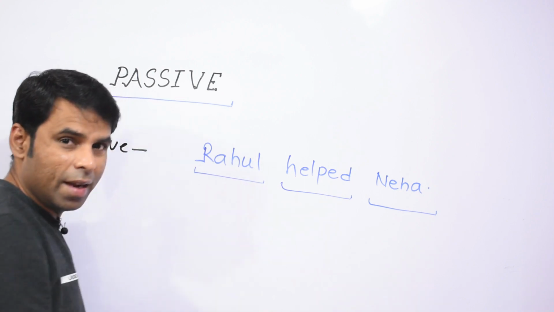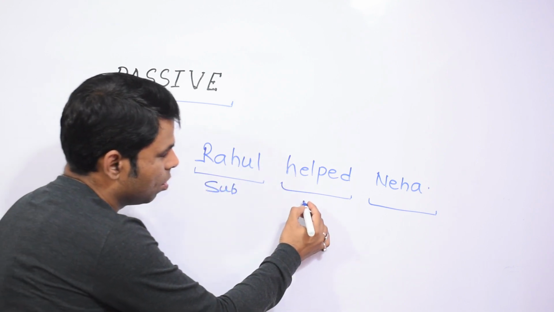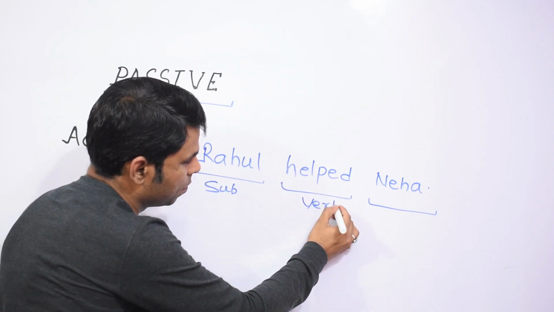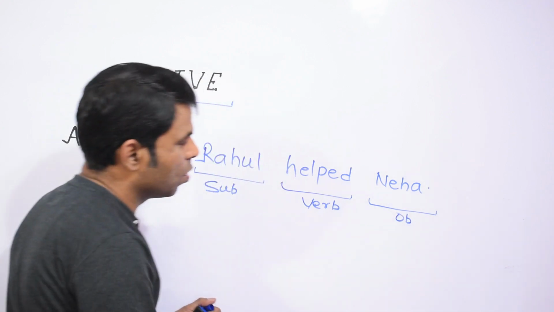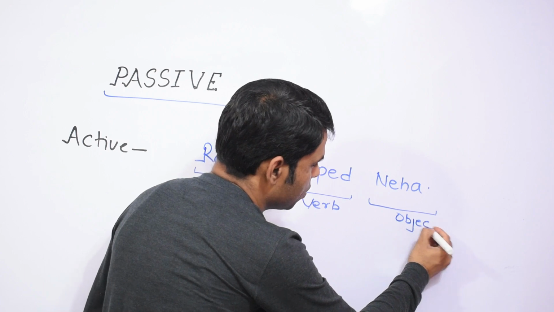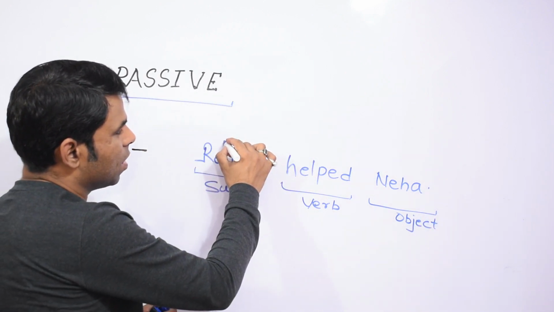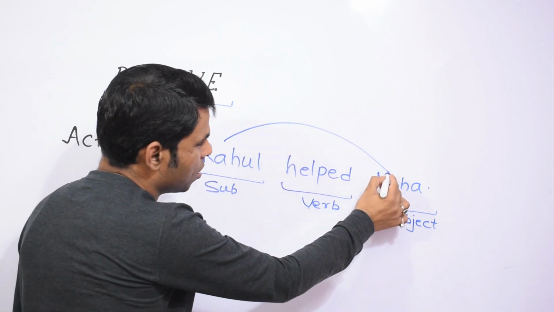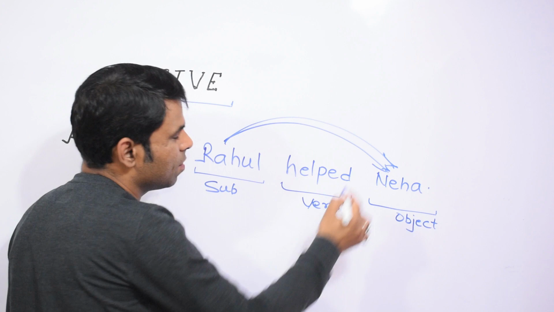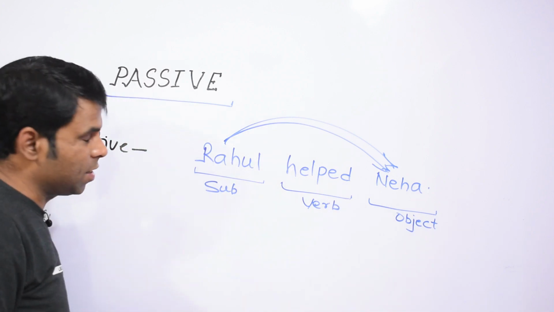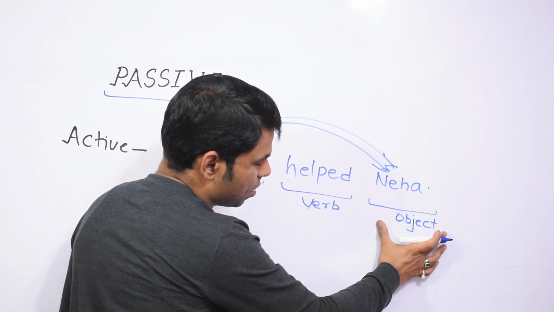Rahul helped Neha. So in this sentence you have the subject, you have the verb and the object. Now what is the object here? When a subject, a doer, performs an action, the other word that receives the action, that is impacted because of the action, is called the object of the sentence.